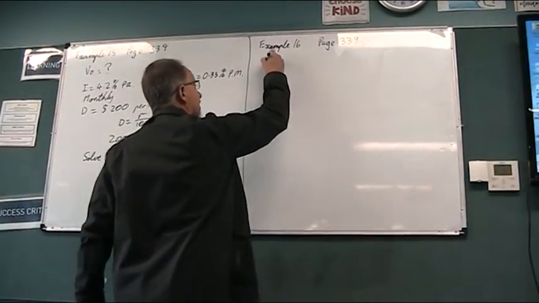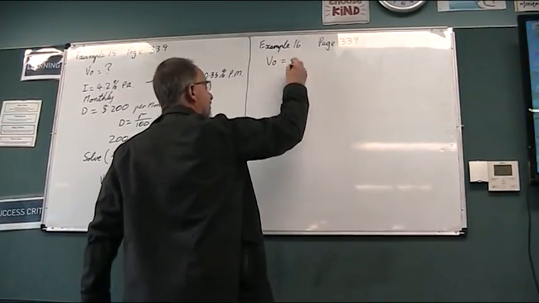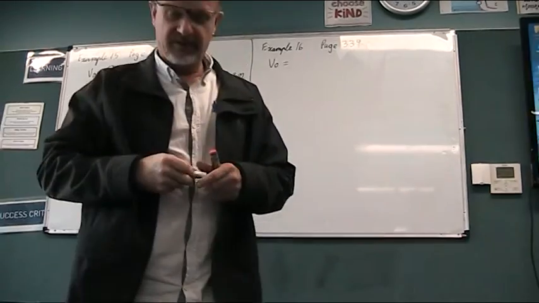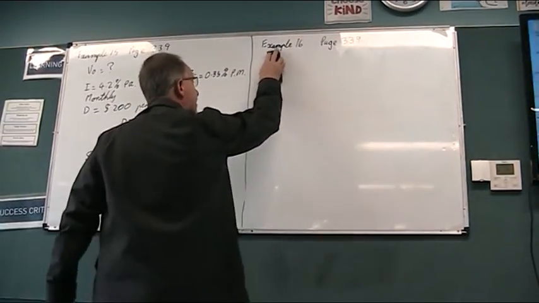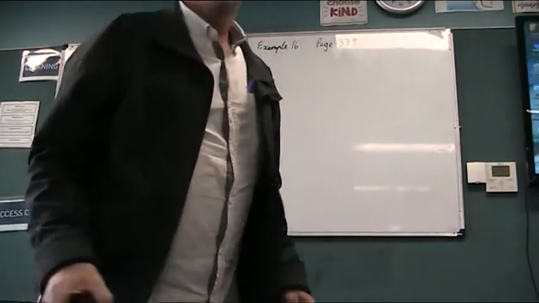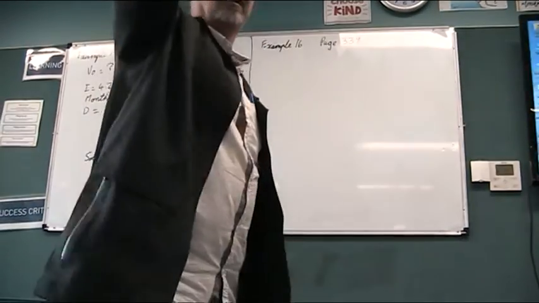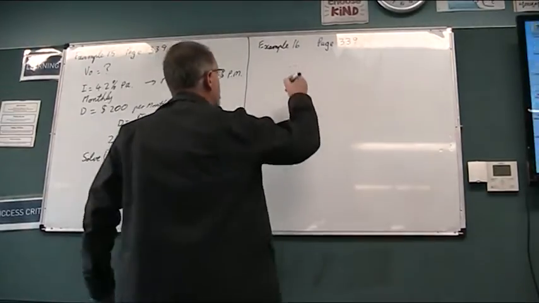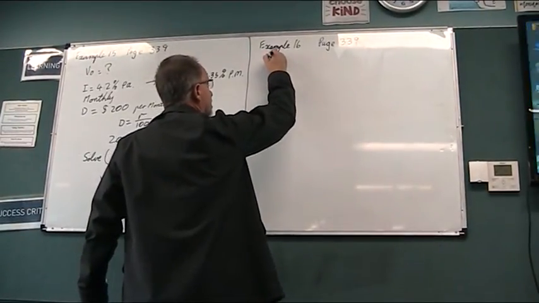So that's going to be our initial V0 or our initial value. Now we're talking about using the financial solver. So let's put in the things that we are interested in.